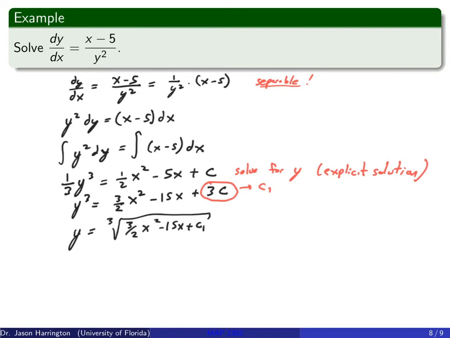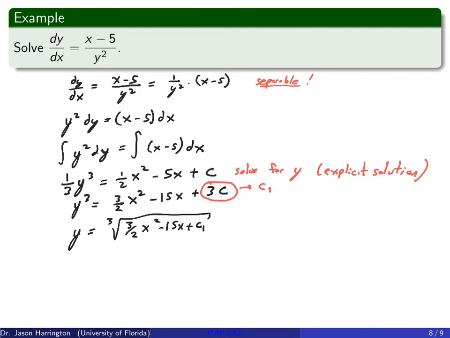Now, you'll notice a couple of things about this problem. You can combine constants, right? If you multiply by a constant, that's just a new constant. If you subtract a number from a constant, that's just another constant. So when you write all this out, you'll typically just write the last term as c. And what a lot of differential equations professors do, and this kind of confused me when I was a student, was they would just write 3c as just another constant c.